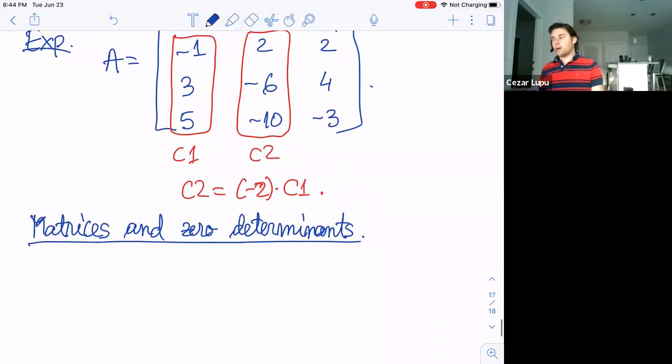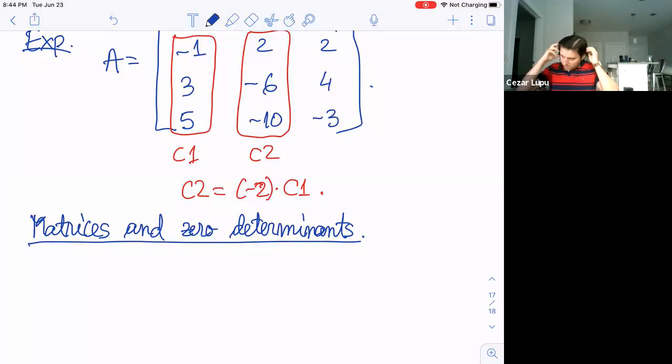You will see that there is some way of doing elementary row operations or elementary column operations which will allow us to obtain matrices with zero determinants. In other words, we want to see under what conditions we obtain matrices with null determinants. Why is this important?